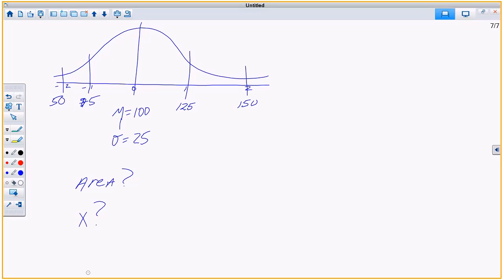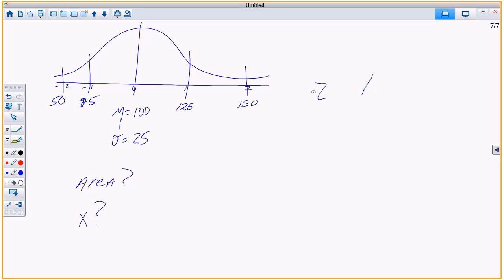What about the z-score? Well, the z-score is not going to help you here because we're not dealing with mu equal to 0, standard deviation equal to 1. Now we have numbers that are actually IQ scores or whatever scores. So now you have to remember this.